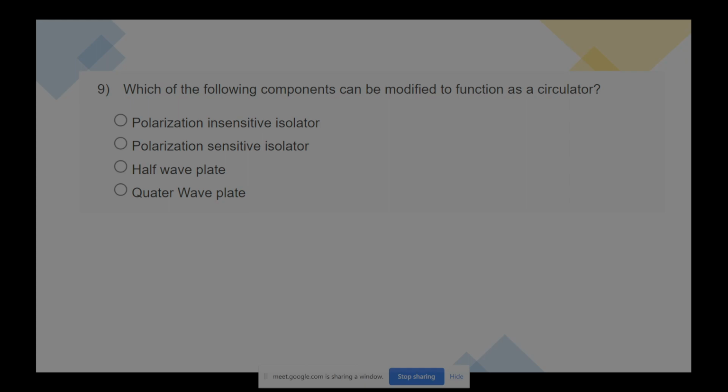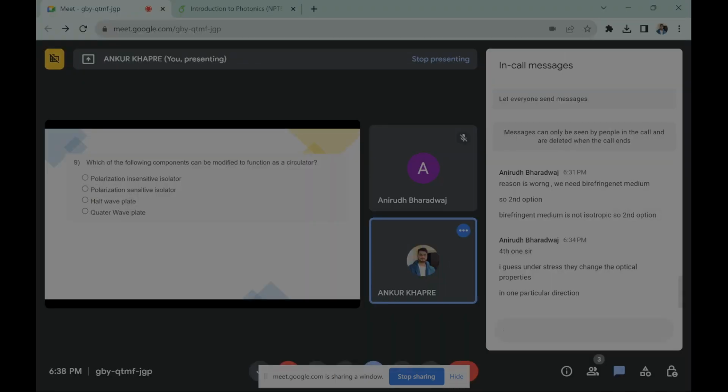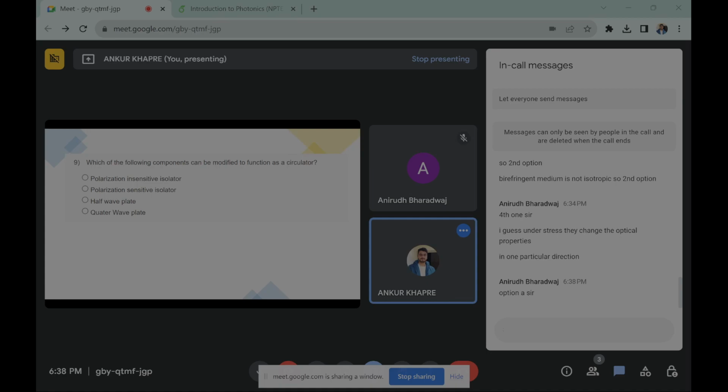Second is polarization sensitive isolator. Third one is half wave plate. Fourth one is quarter wave plate. Option A is yes, so polarization insensitive isolator will be the answer here.